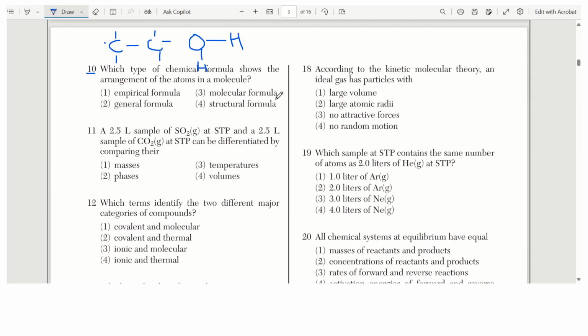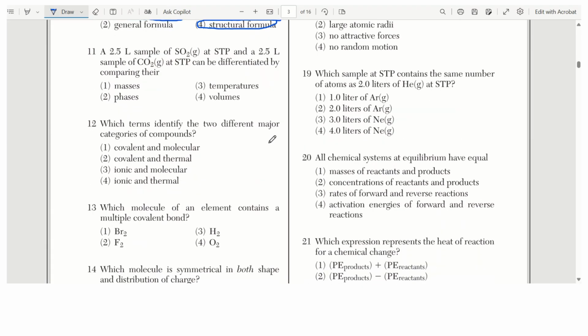The arrangements? Yeah. It's structural formula. That's the one that shows the arrangement. Okay. Empirical is the reduced to lowest terms. Molecular shows you exactly which atoms are in the molecule, but not how they're connected, how they're arranged. Okay.